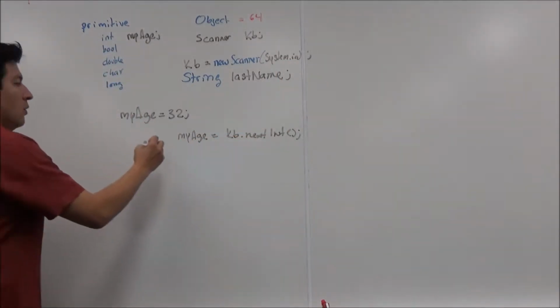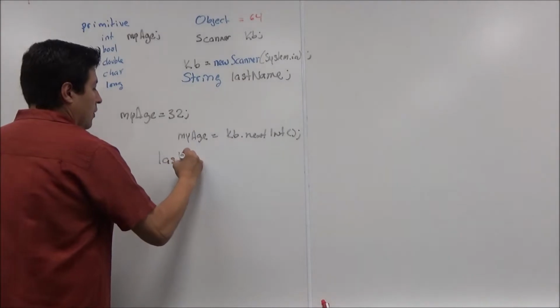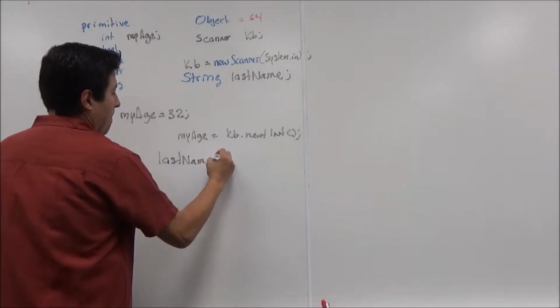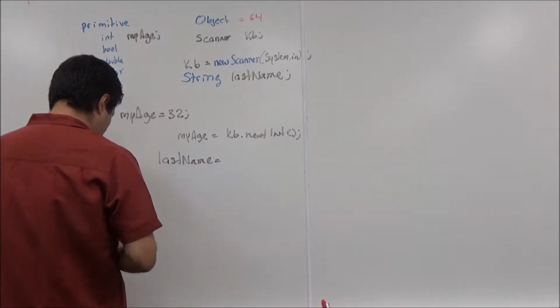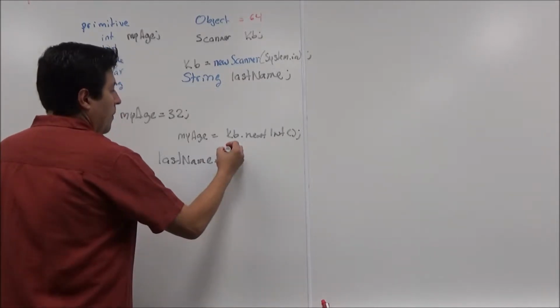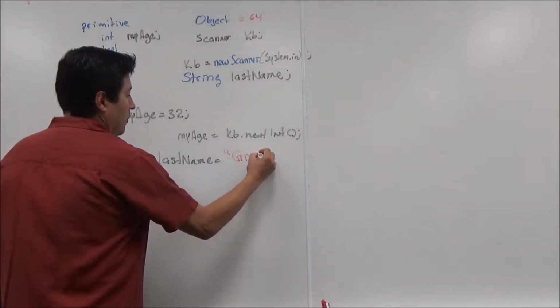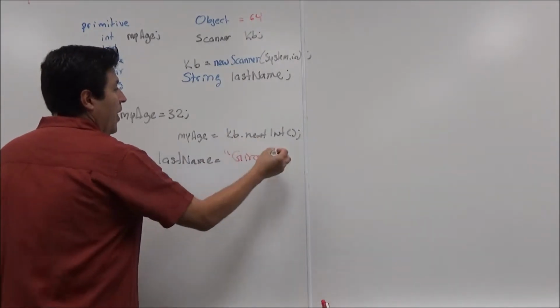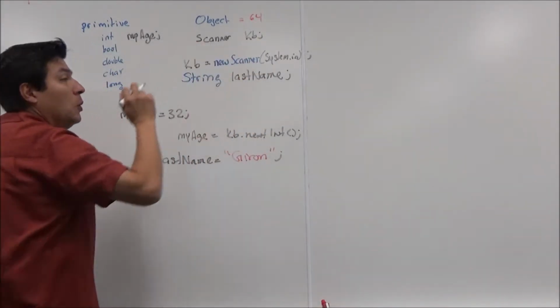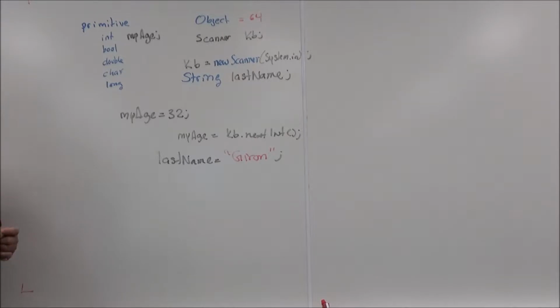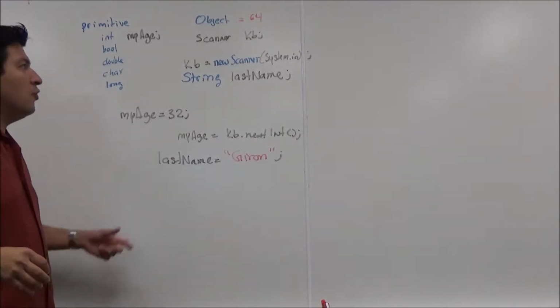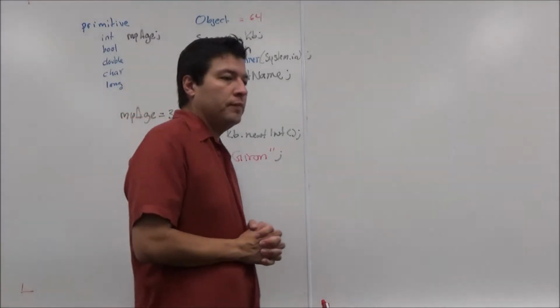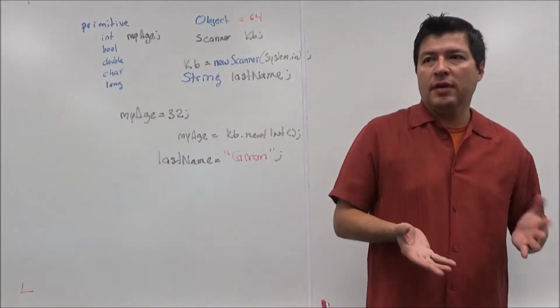And I can do this, I can just assign it without having to do new String, because the string is an object, but it behaves as a primitive type.